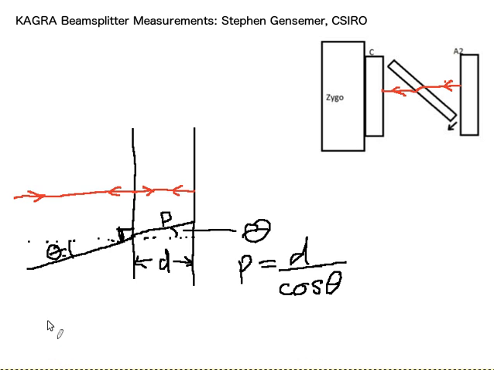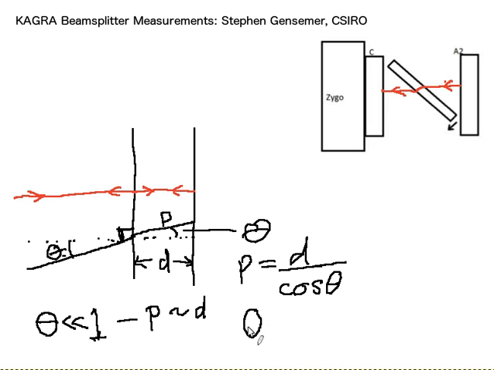Now, if the incidence angle is very small, so let's suppose it's much less than 1, then you can say that the path distance here is approximately equal to D. Let's put some numbers on that. So I did a quick calculation.